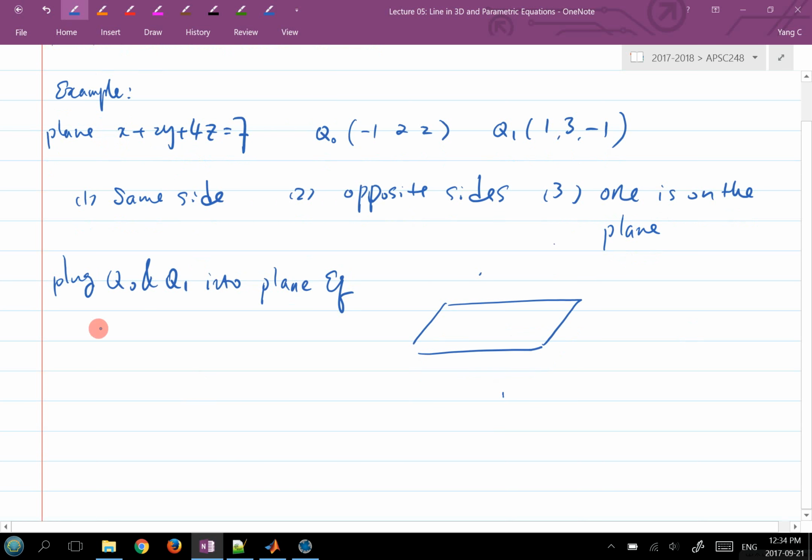So if we plug the first coordinate into the left side, we have -1 plus 2 times 2 plus 4 times 2. That gives us 11. This is for Q0.